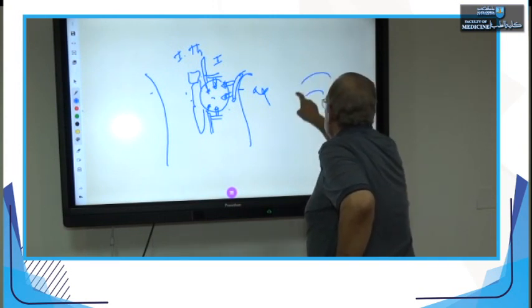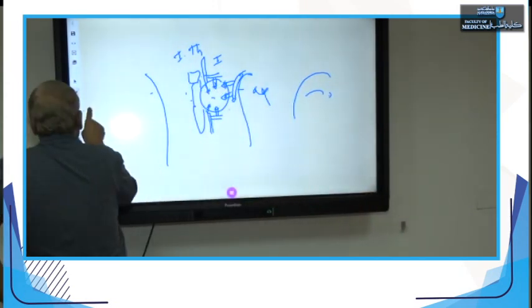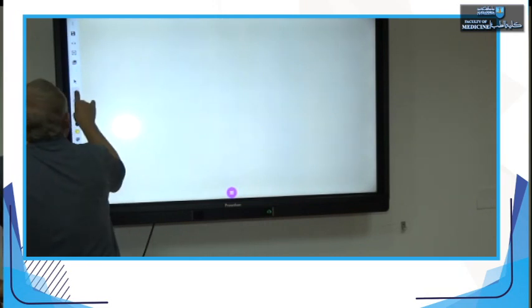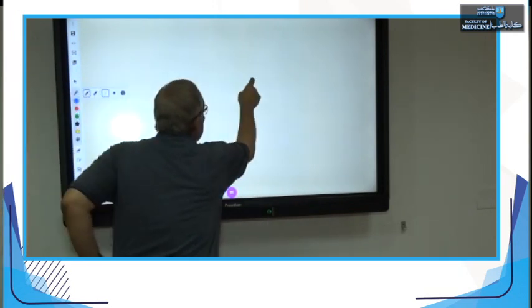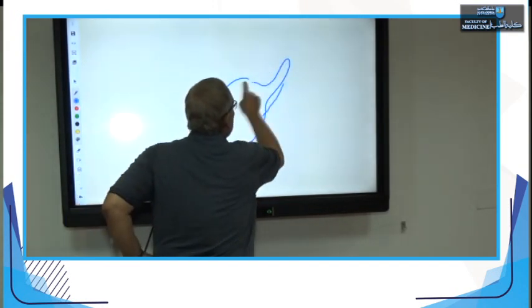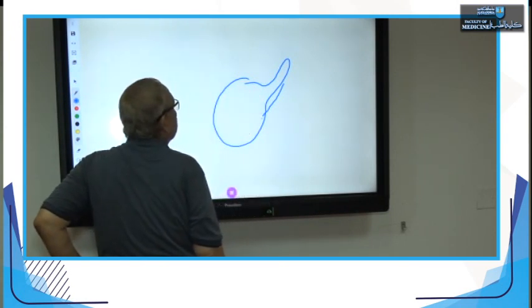If this is the breast, and this is the part of the breast which is present in the axilla, which is the axillary tail.